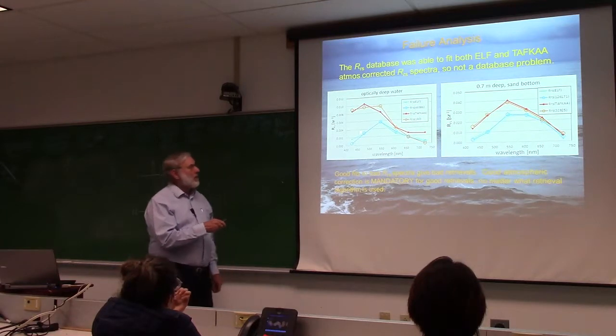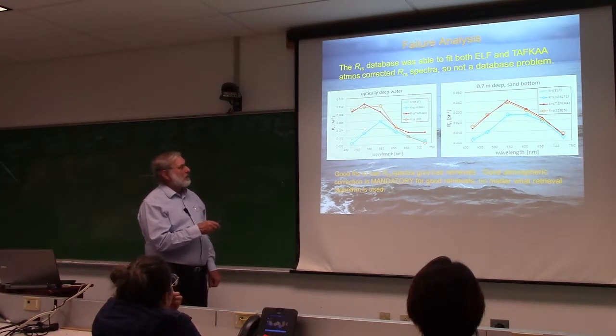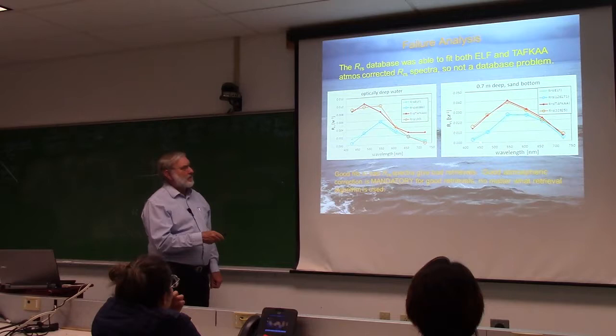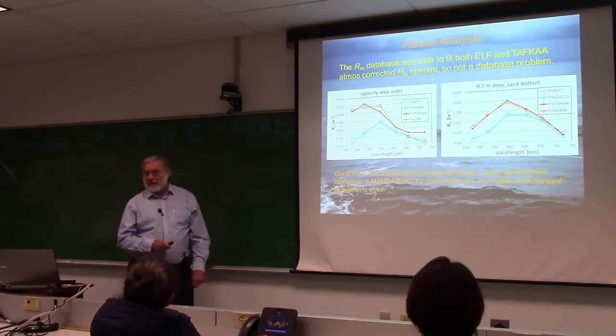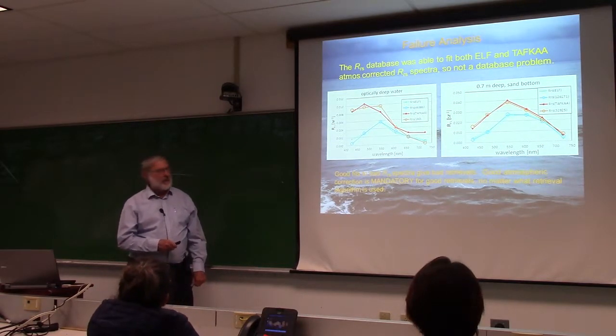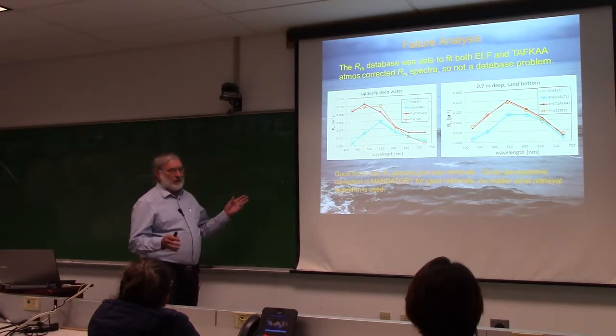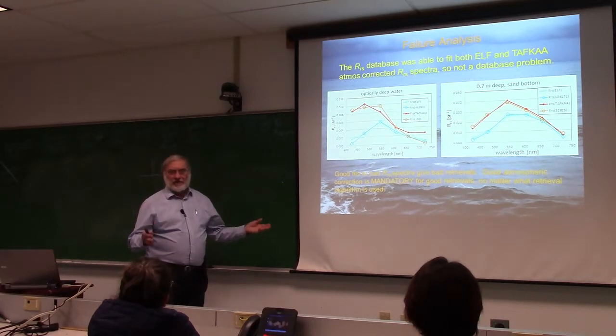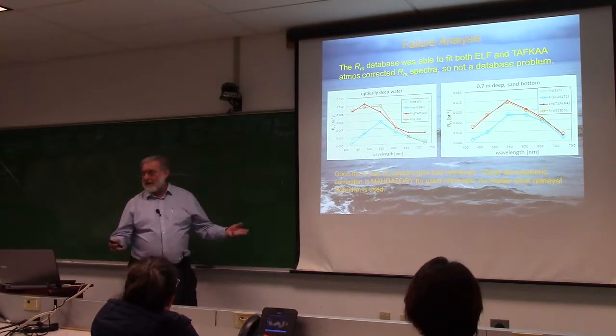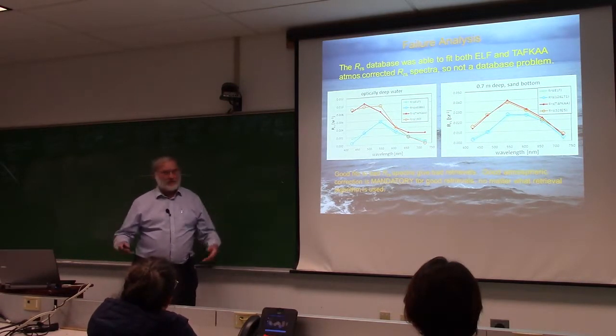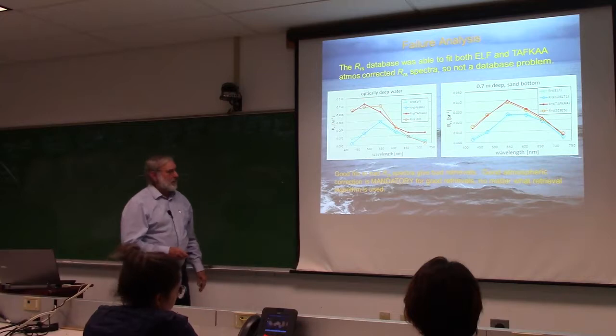The problem is I have 2 different atmospheric corrections and they're giving me totally different remote sensing reflectance spectra. And so if you have different atmospheric corrections giving you different answers, you're going to retrieve different whatever it is you're interested in, chlorophylls, bottom depth, whatever.